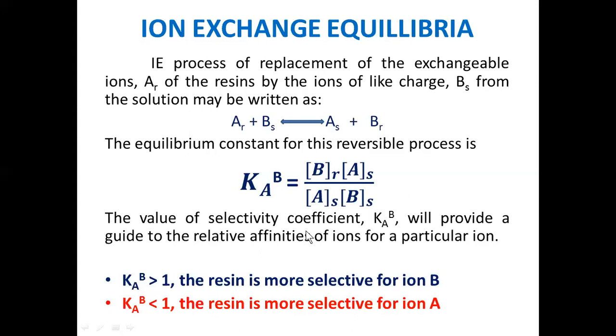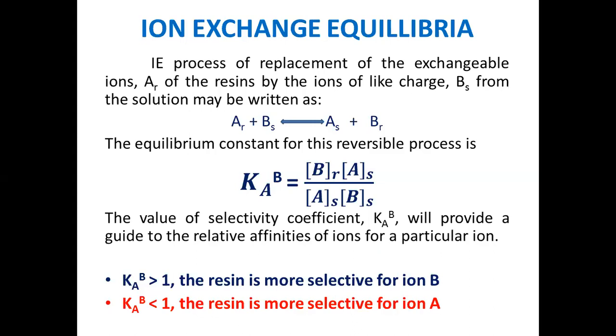What is the importance of this selectivity coefficient? If the value of KAB is greater than 1, then the resin will be more selective for the solute B. Whatever ions are present in the sample solution, the resin is going to be selective for their separation if the value of KAB is greater than 1.